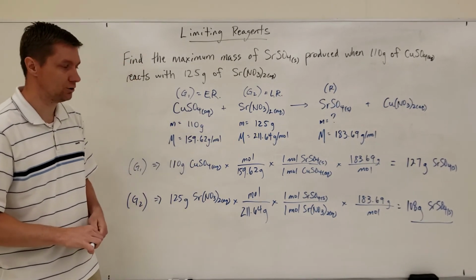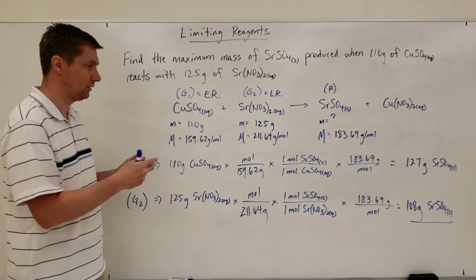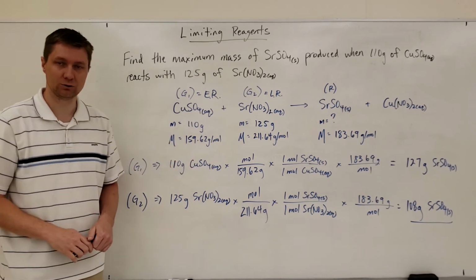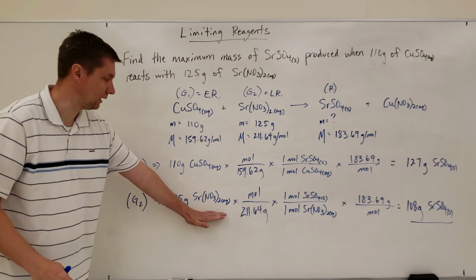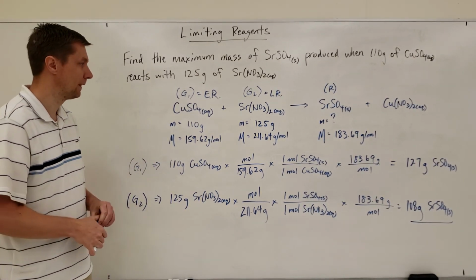Another type of question that you could be asked is simply to identify what is the limiting reagent. So again, doing these steps and these two stoichiometry questions, you can identify, okay, hey, strontium nitrate is my limiting reagent. So you may see questions like that as well.